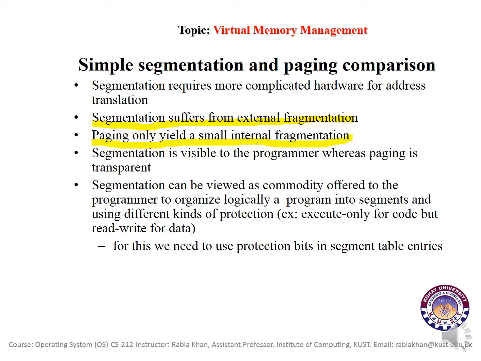We have already discussed how internal fragmentation can be generated in paging in our previous lecture. So segmentation suffers from external fragmentation, while paging may generate a very small amount of internal fragmentation.